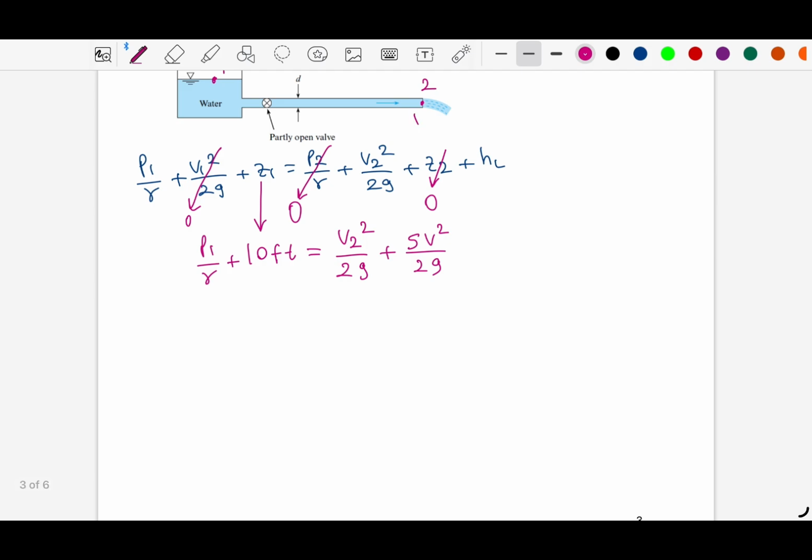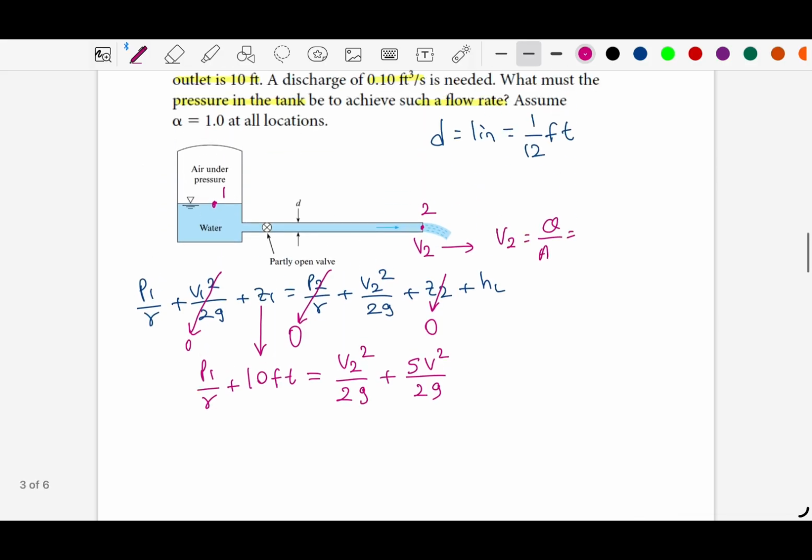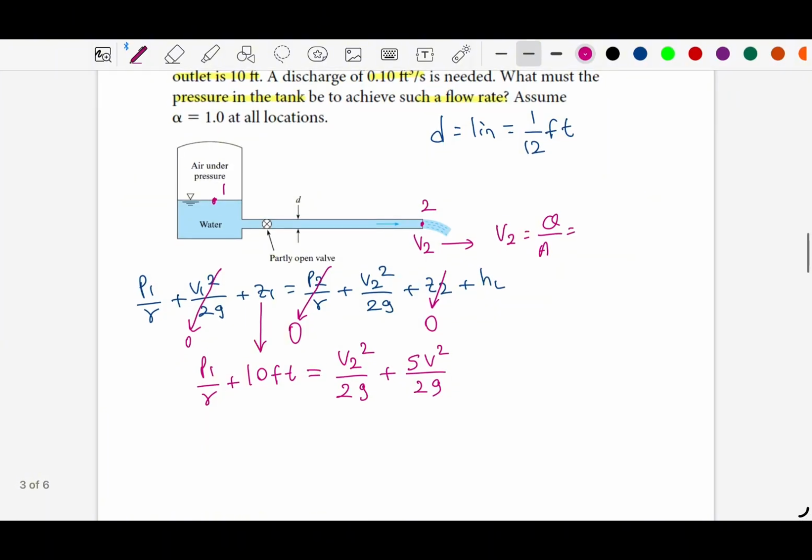So let's first find v2 here. v2 is q over area, and q is 0.1 cubic feet per second. We have the area pi times d square over 4. And from here, v2 is equal to 18.33 feet per second.